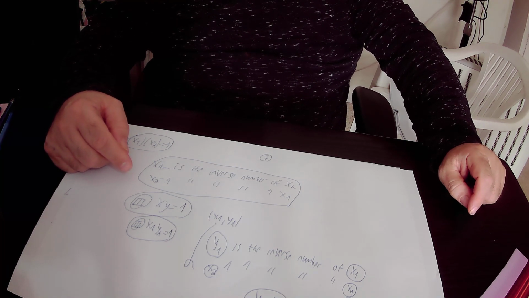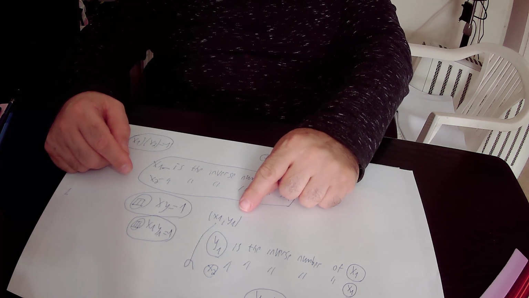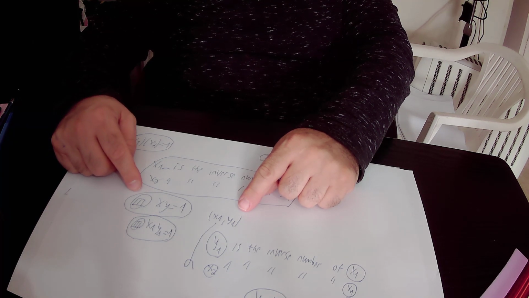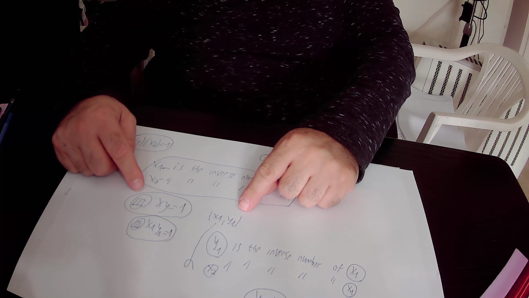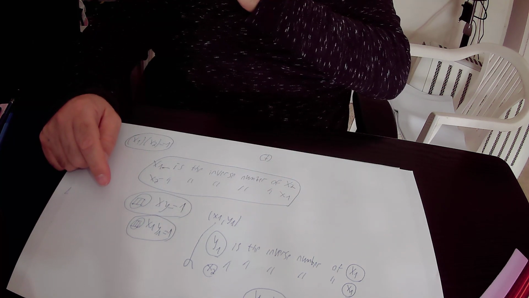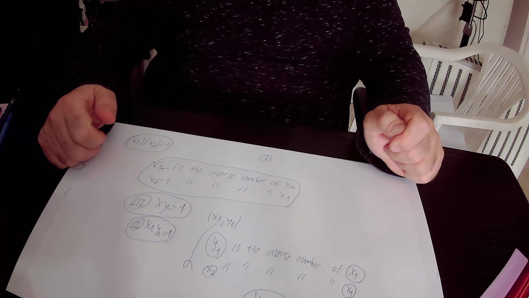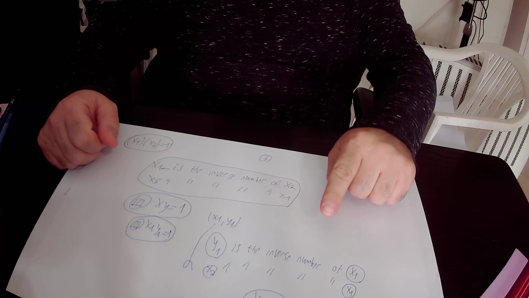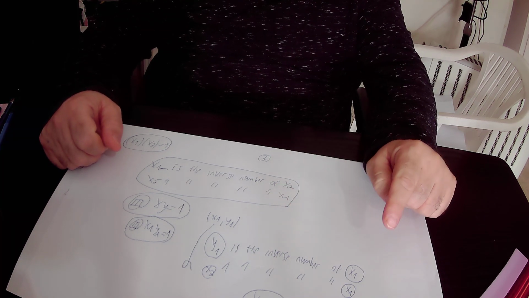So the first solution for x is x1, for y is y1, so we put the solution inside equation number 3. That is to say, x equals x1 and y equals y1, and we found out that x1 times y1 equals 1. What does it mean? It means that y1 is the inverse number of x1. But we have already found out that x2 is the inverse number of x1.